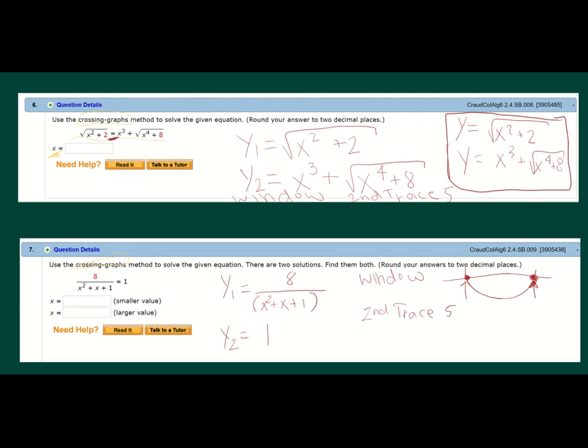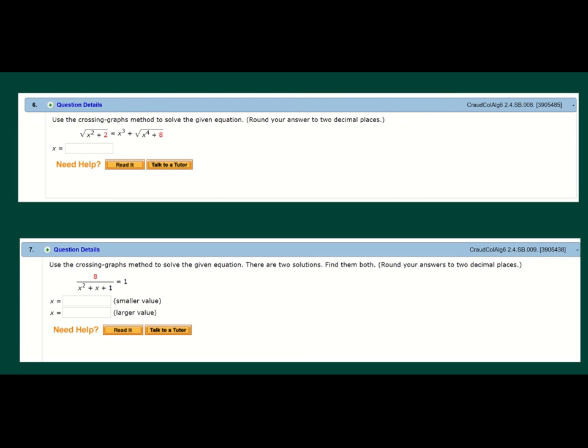It's only asking for the x coordinates here. Do not input the y value here. The y value is going to be 1 in both instances. We told the calculator y has to be equal to 1. So you're really just trying to find those points of intersection. You're just trying to find the x coordinate for both of those.